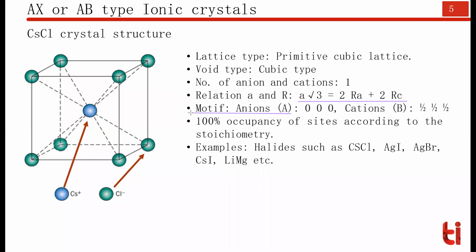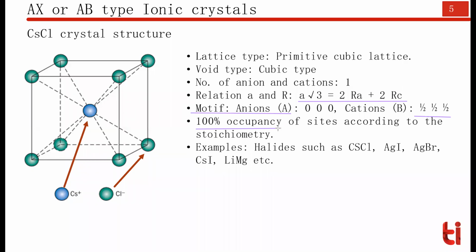Remember, we define every corner as the origin. So the simplest representation of every corner is the family of 0, 0, 0. The cation B site is in the middle of the unit cell, so its coordinates are 1/2, 1/2, 1/2. And the occupancy is 100%, meaning all corner sites are occupied and the body centered site is occupied in the unit cell.